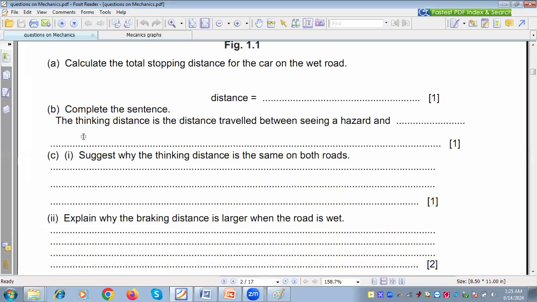Complete the sentence. The thinking distance is the distance traveled between seeing a hazard and applying the brake.